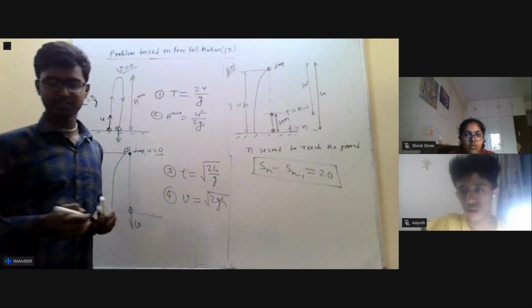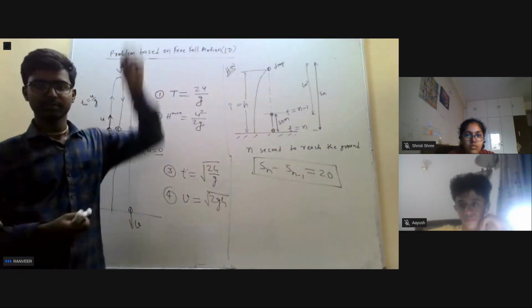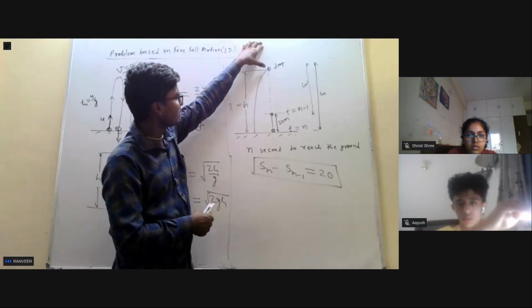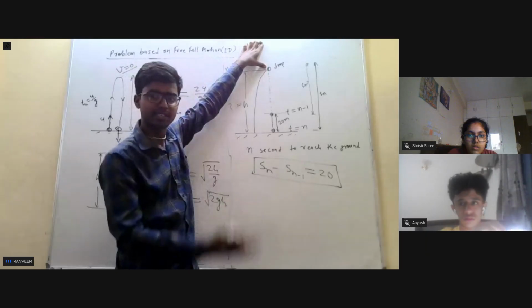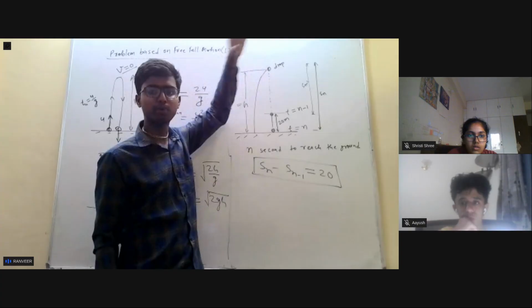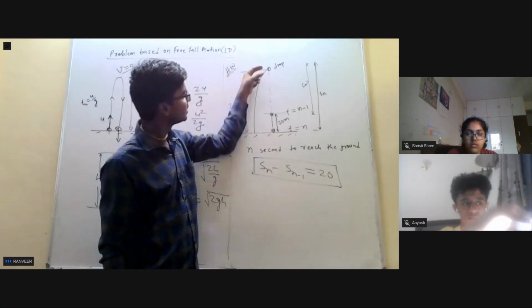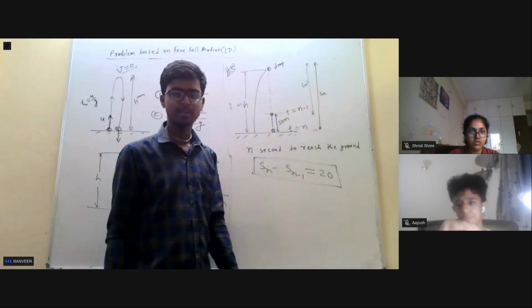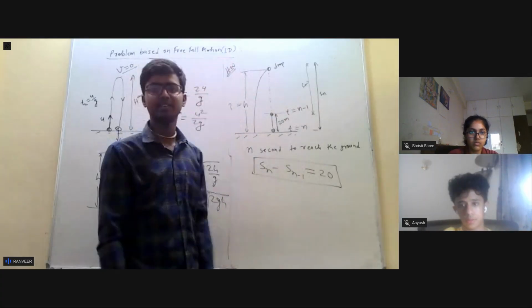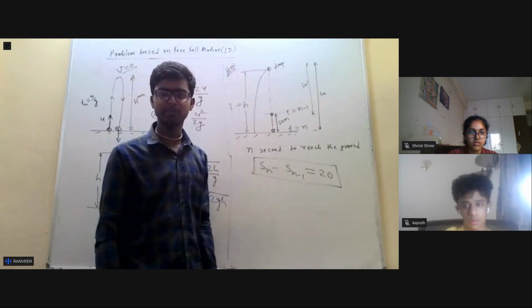Is everybody agreeing with this? What am I doing? I'm calculating the net distance traveled, or you can say the displacement traveled by the ball in n seconds. That's Sn. Now I'm calculating the distance traveled in n minus 1 seconds, and subtracting between both.